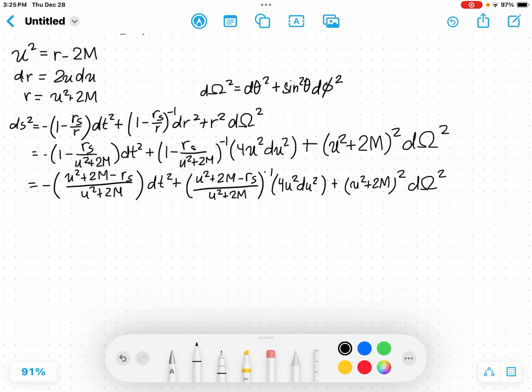There's a really good description I saw on a Math Stack Exchange website on wormholes about why exactly we do this substitution. Let me just look that up real quick. So why exactly does the wormhole have this metric?